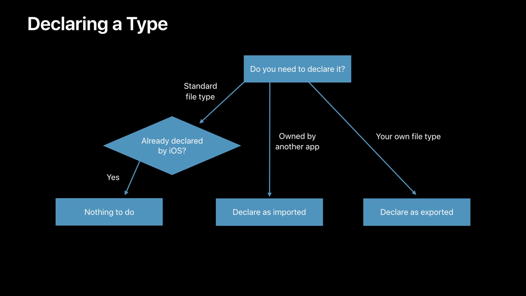This means that if iOS finds an exported definition of that type somewhere else, it will prefer that definition over yours. This is also what you need to do if you want to use a common file type which is not declared by iOS yet. Now, do not freak out. It is the same UI as what we've just gone through, except that it is in the imported type section instead of exported.